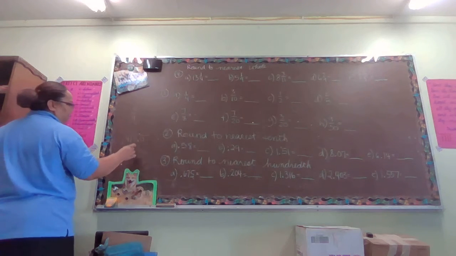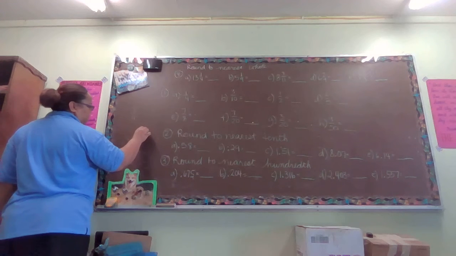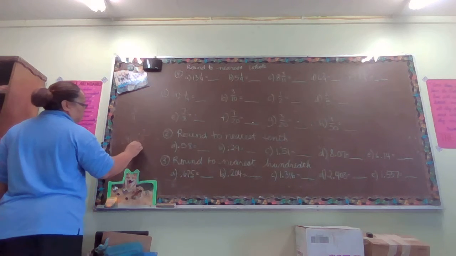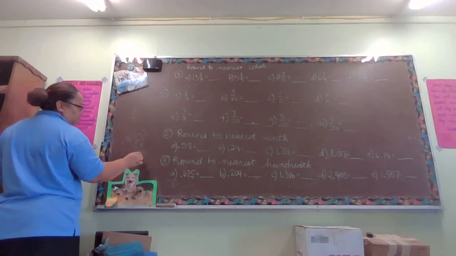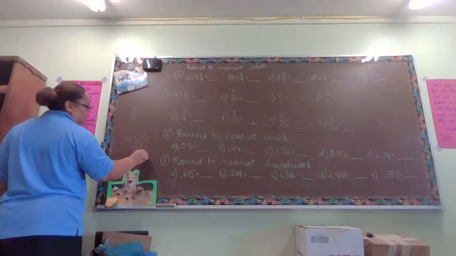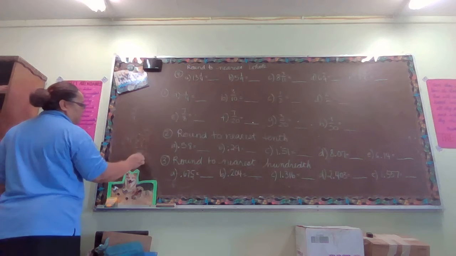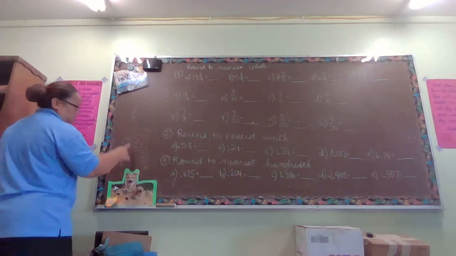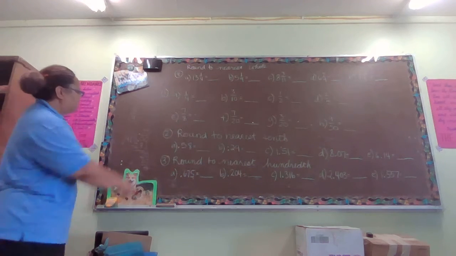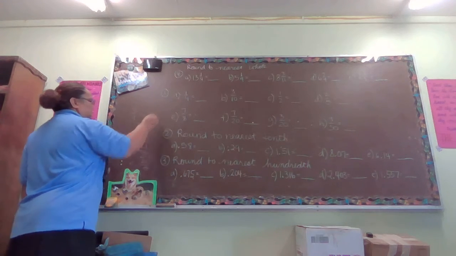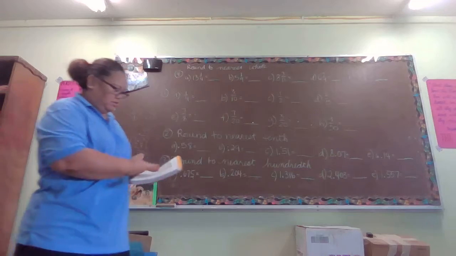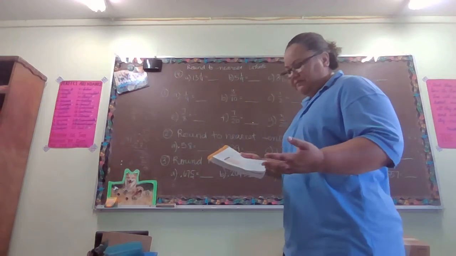How many 4s in 30? 7, 28. 30 minus 28 is 2. Add another 0. 20, 5. So the answer is 0.75. 3/4 is equal to 0.75.